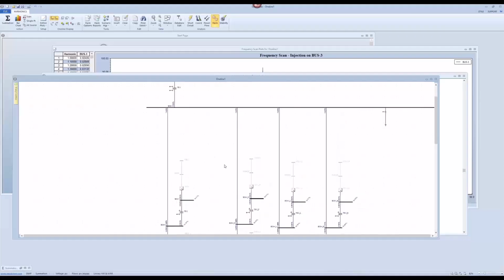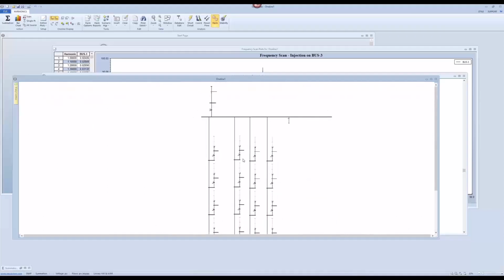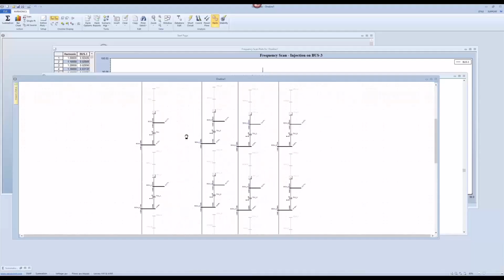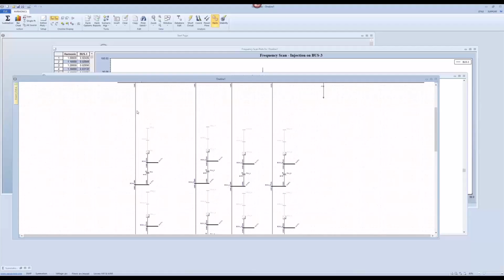So the network solution of the detailed model is totally different from the equivalent model. For short circuit, it's not the case because the cable capacitance is negligible, right? You won't have any path from phase to ground for fault current from the registered capacitance. But for harmonics, yes, it's prominent to have those capacitances modeled explicitly.